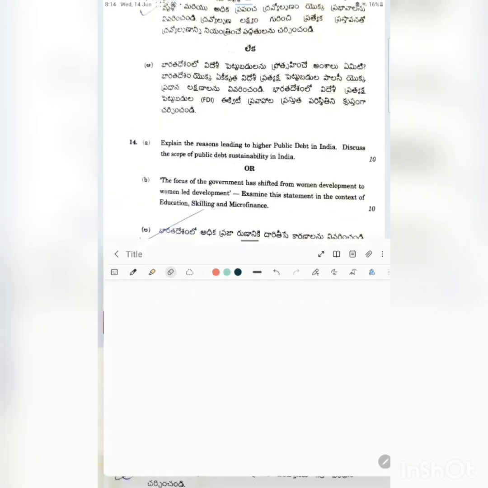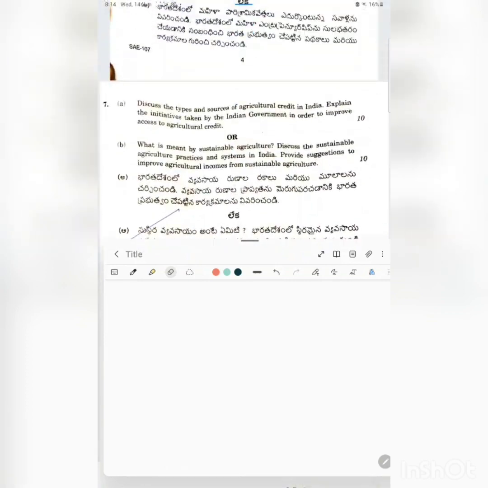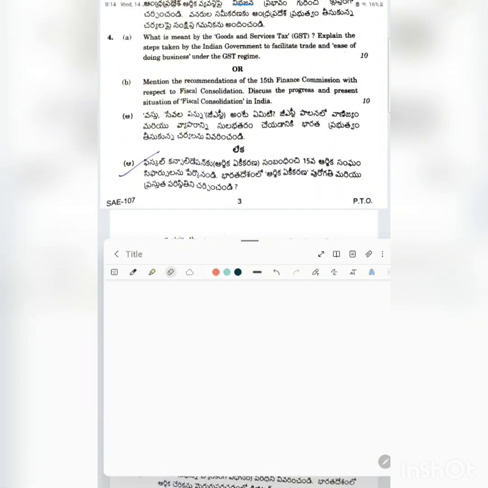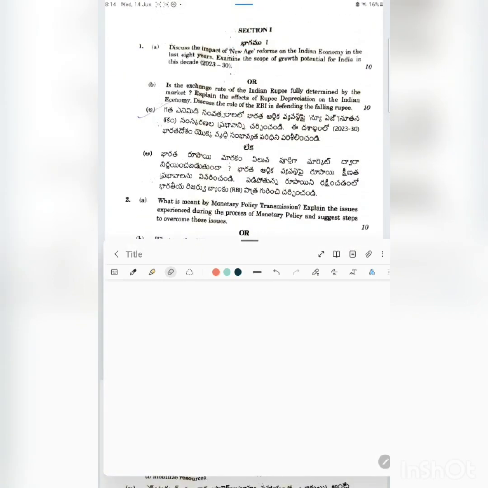So overall, this paper shall appear pretty easy for those people who have written the exam outside the exam pressure, when you are comfortably sitting at home and trying to see that this paper is very easy because I know this point.